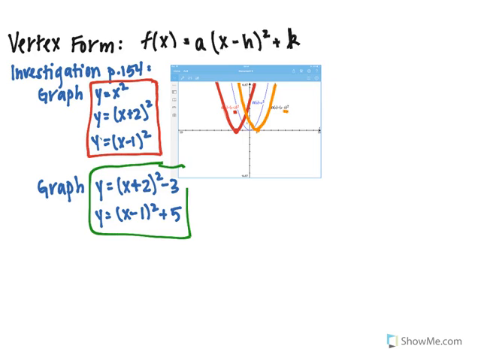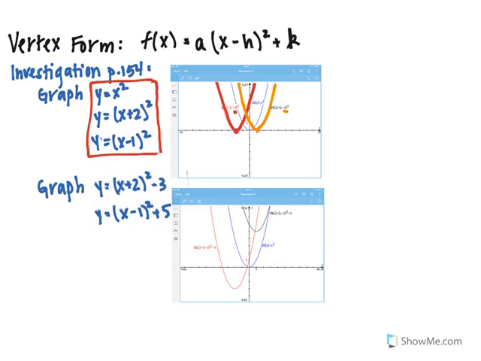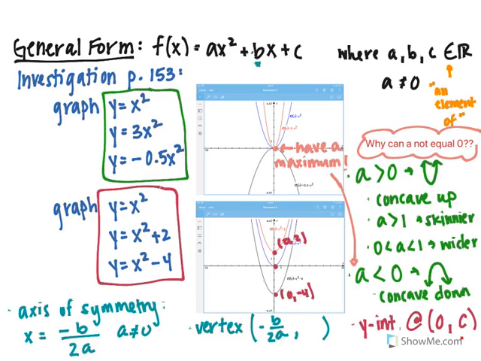So now I would like you to graph these two equations here. So x plus 2 squared minus 3 and x minus 1 squared plus 5. So now we know what this plus 2 and this minus 1 do. So we're going to be taking a look at what happens when we add something onto the end there. So now that we know what the minus 1 and the plus 2 do to our graph, we can see now from our graph that minus 3 has shifted our graph down 3.